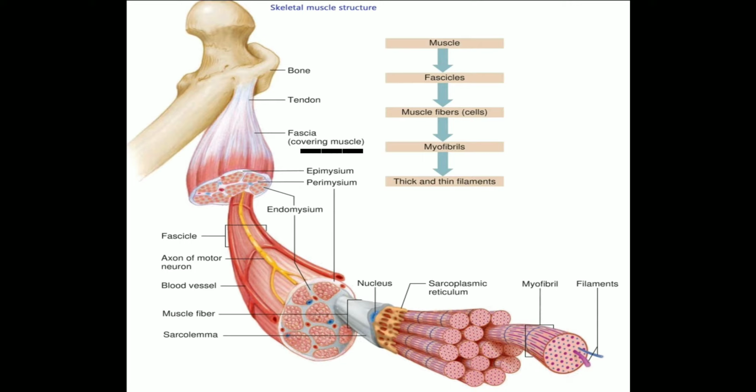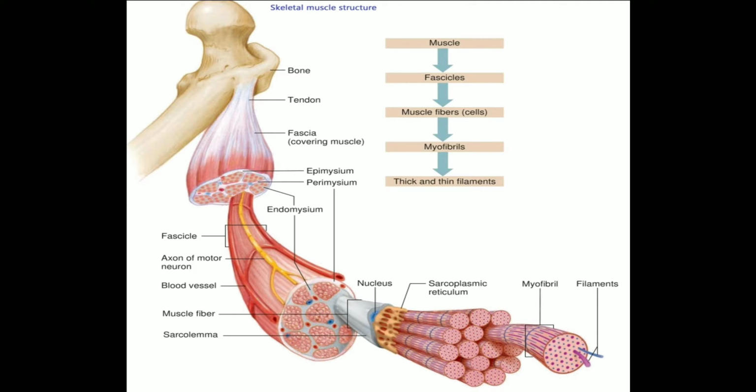Here you will find muscles are found in bundles. Those bundles are nothing but fasciculi, and those fasciculi are wrapped by connective tissue, and that connective tissue sheath is epimysium, the external covering, or you can also call it fascia.